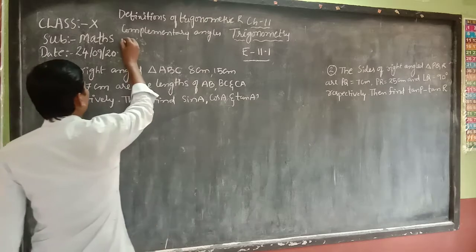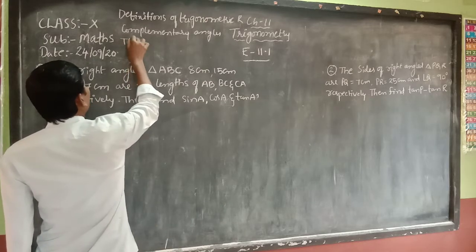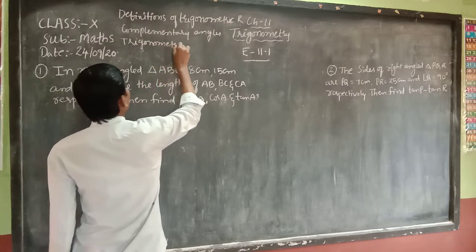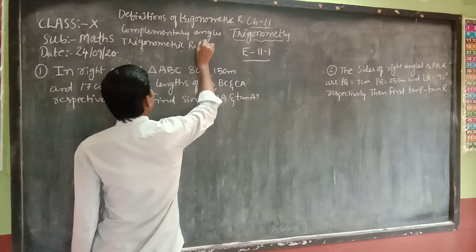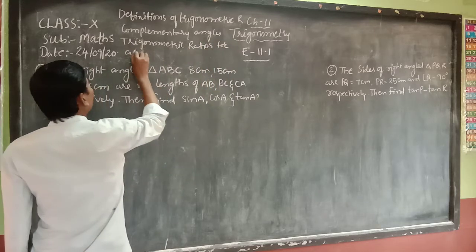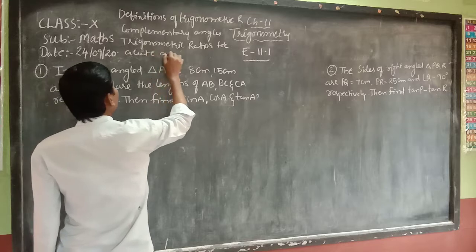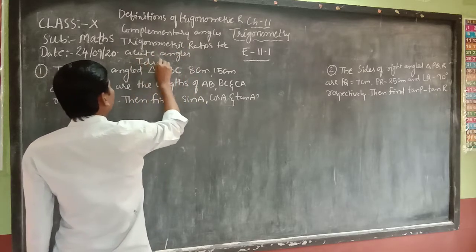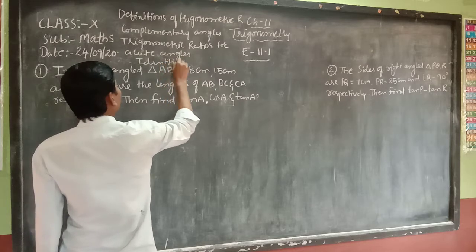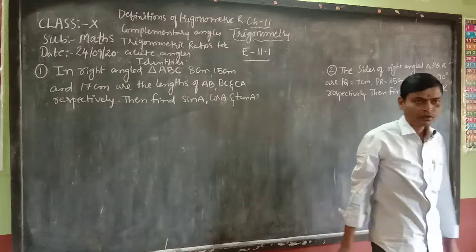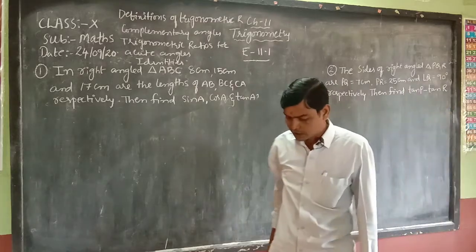And next, trigonometric ratios for acute angles and identities. These are all basics we have learned earlier. Once again I am revising that.